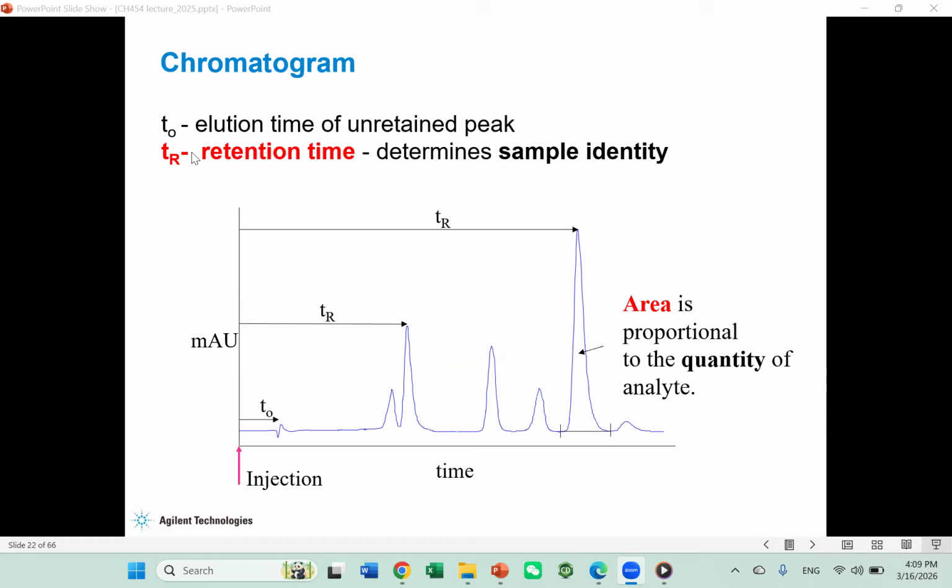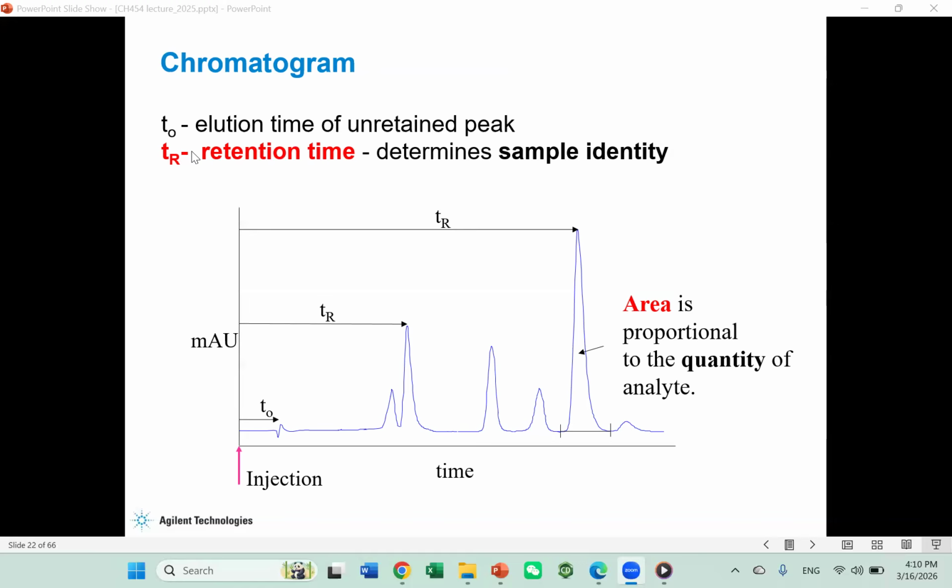For example, for this unit we first need to identify the retention times for A, T, C, G, the different nucleosides. Then next time, if you have an unknown sample after digestion, at the same position you will see the same peak, so you can identify which nucleoside it is.